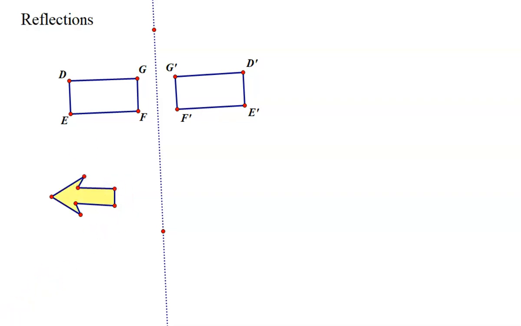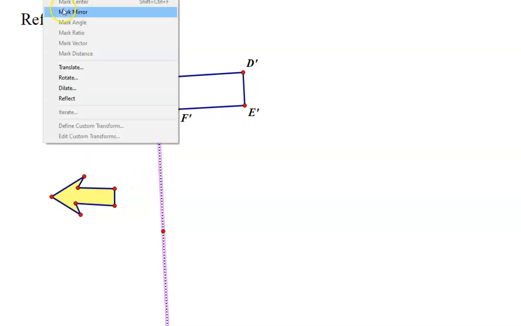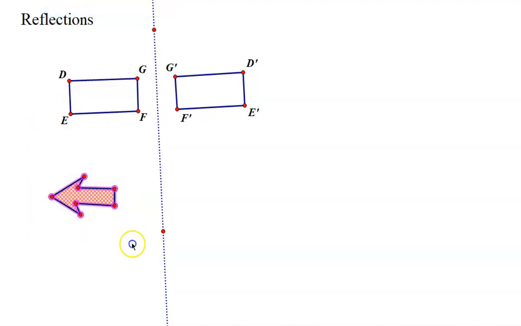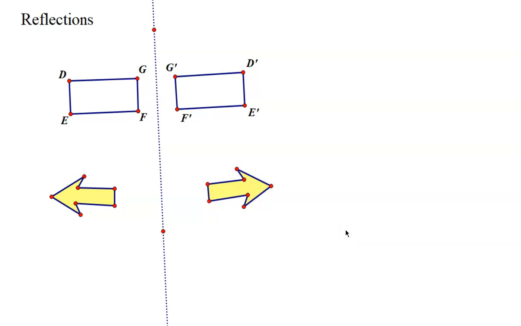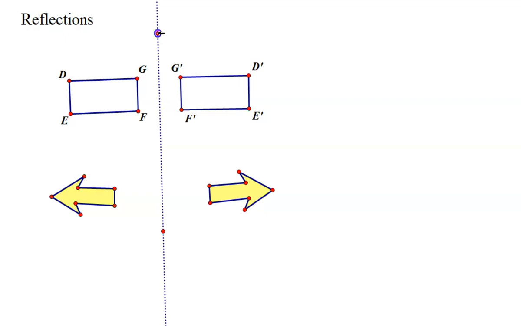So I have an arrow that is yellow that is pointing to the left. If I reflect it over my line, it's not going to be pointing to the left anymore. It's going to be pointing to the right. Okay, so even when the shape doesn't look different, the points are no longer in the same positions. So that means the orientation has changed, the way something is facing.